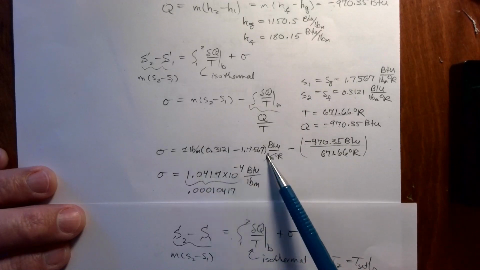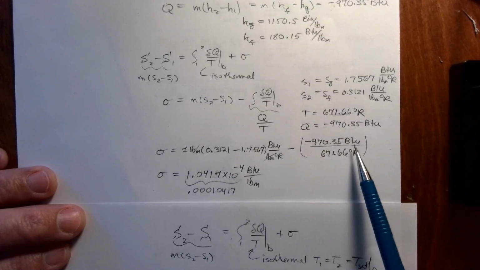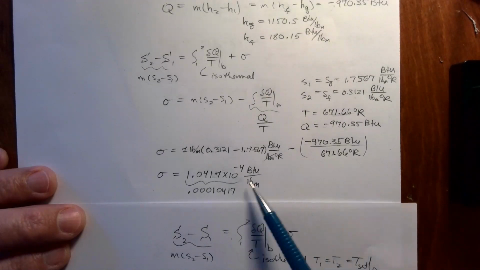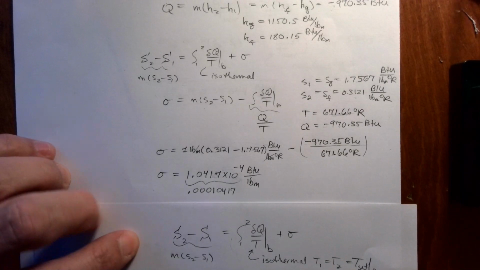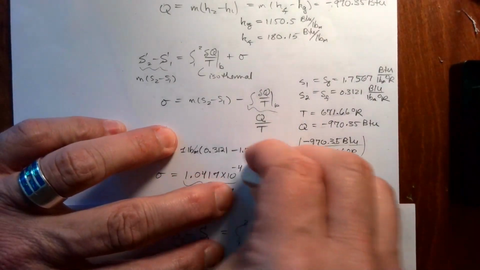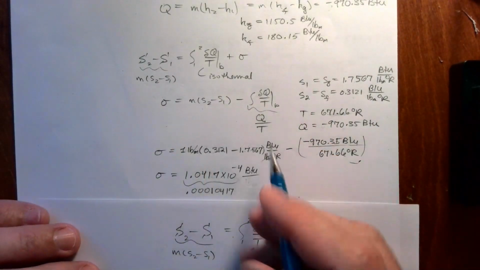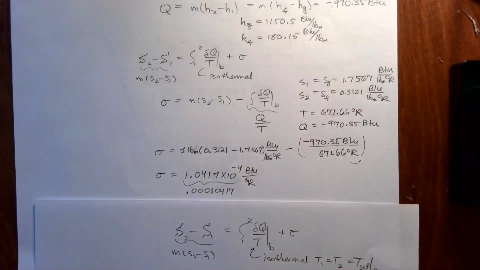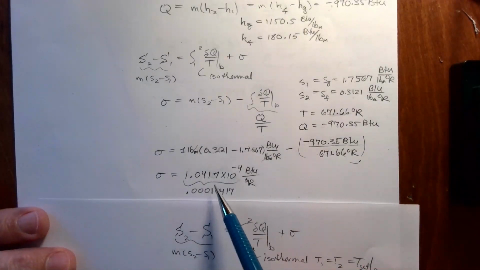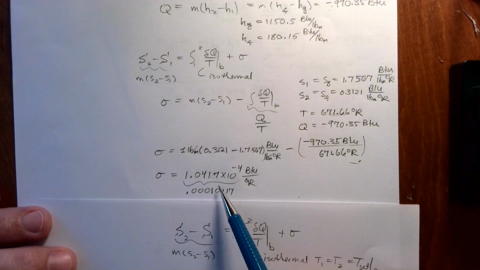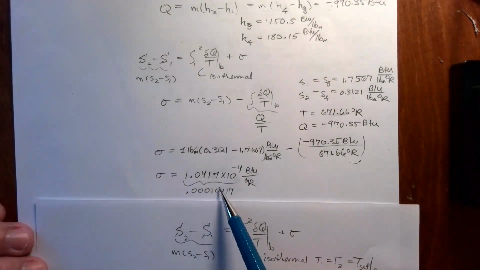Pound mass cancel in this term, so we're left, and both terms are BTUs per degrees R. So this is wrong. Finally, that unit is wrong right there. That is degrees Rankine in the denominator there. So notice that this is a very, very small number, but it is a positive number.